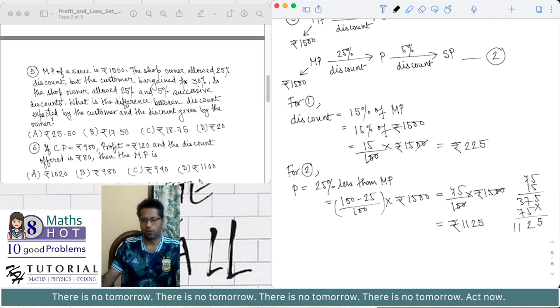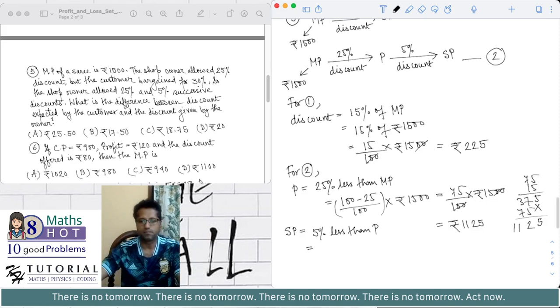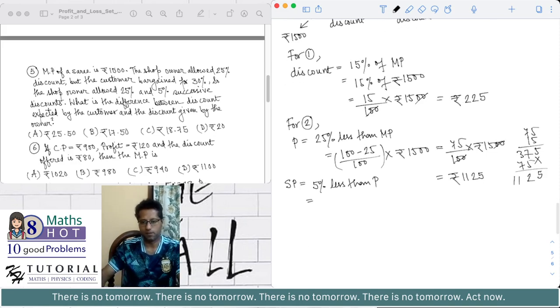And finally, from P there is another discount of 5%. So we get SP is equal to 5% less than P. This is equal to 100 minus 5 divided by 100 multiplied by P, which is rupees 1125.